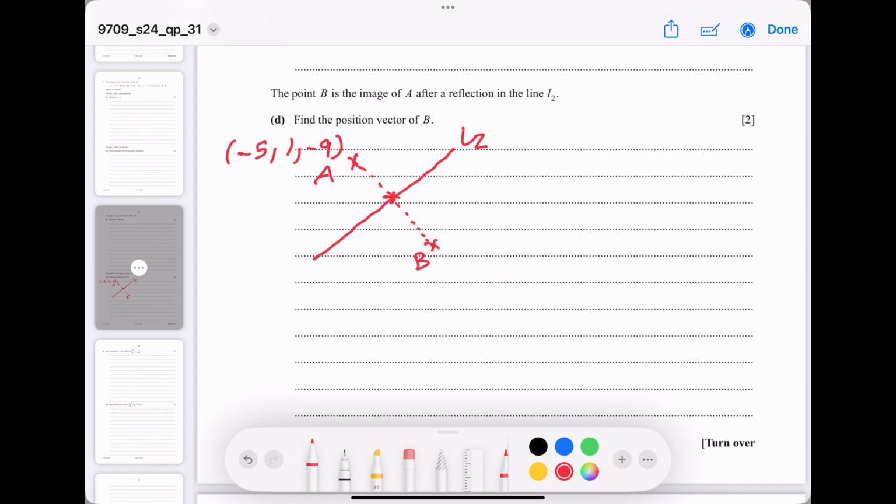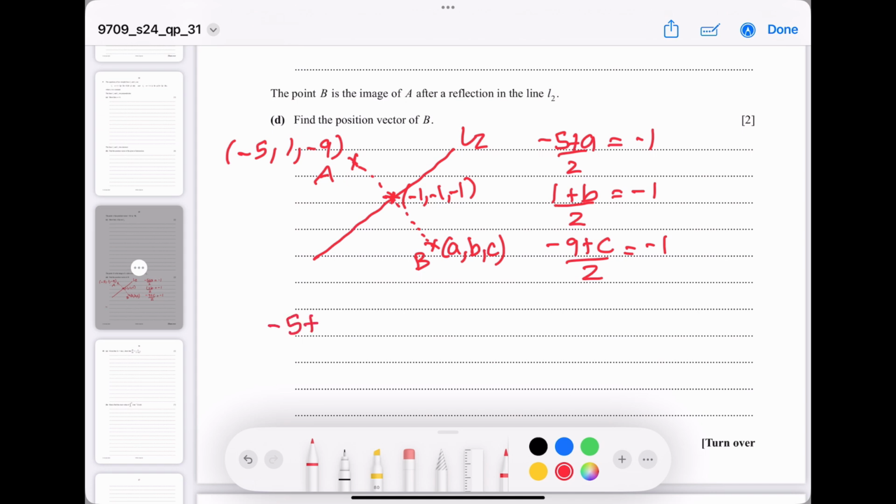And we know that line 1 and line 2 meet at the point negative 1, negative 1, negative 1. That's what was found in part B. So I'm going to call this a, b, c as a general point. So I know that negative 5 plus a divided by 2 would give me negative 1. 1 plus b over 2 would also be negative 1. And negative 9 plus c over 2 would again be negative 1. So I need to solve all of these.